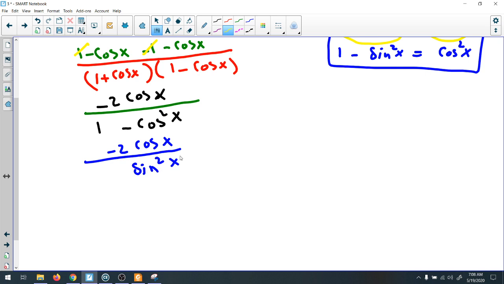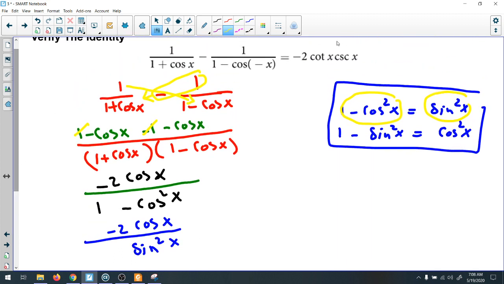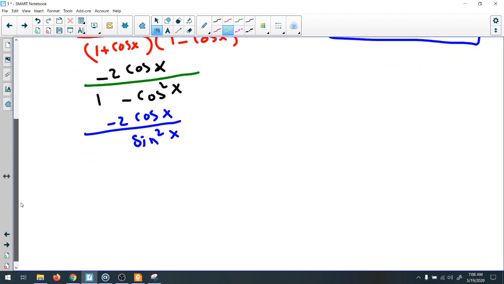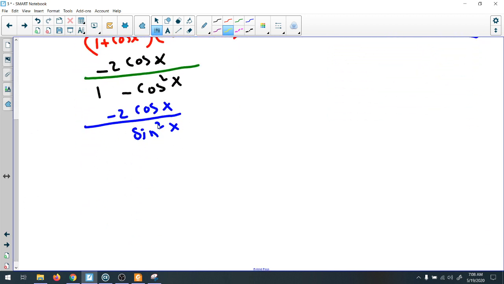If you see sine squared and nothing squared on your right side, we don't have cotangent squared or cosecant squared, so we decide right away to split sine squared. So it will be negative 2 cosine x as our numerator, divided by sine times sine. Good?